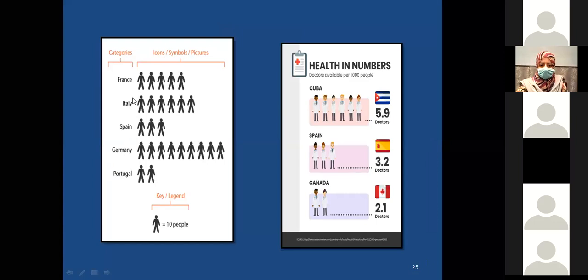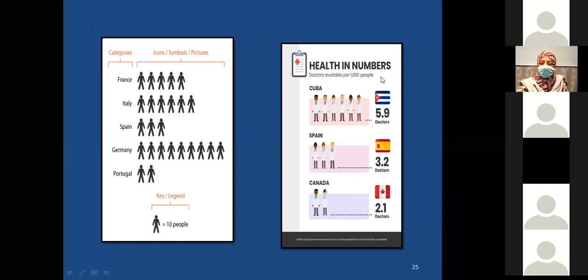For example, this is the key legend. This shows that one person is equal to 10 people. For example, for France you have these icons or symbols, and for Germany you have this number of people. So these are different categories given to the same pictogram.